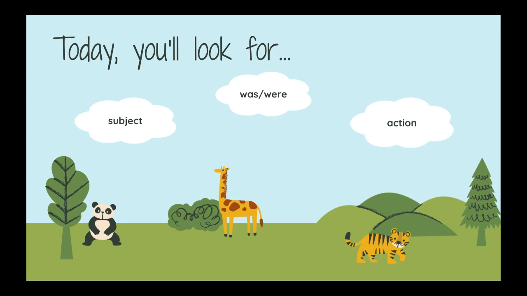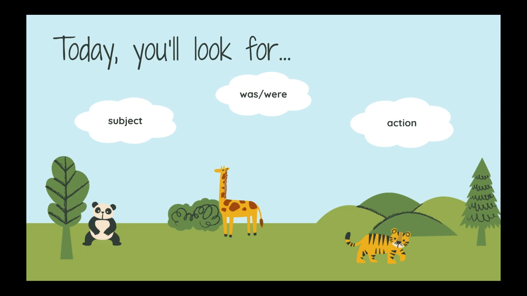We can say something about the giraffe, or what is the giraffe doing, or is the giraffe eating, and we can identify a subject and then the action or the verb and how we can express different sentences for different meanings. So, in a very subtle way, we can introduce them to the passive voice, which is used when we show interest in the person or object that is experiencing the action or the verb.